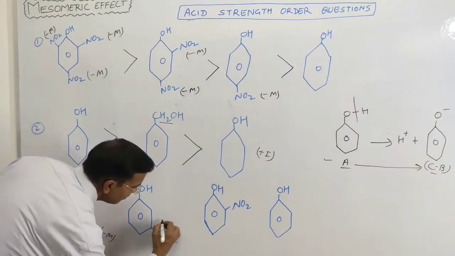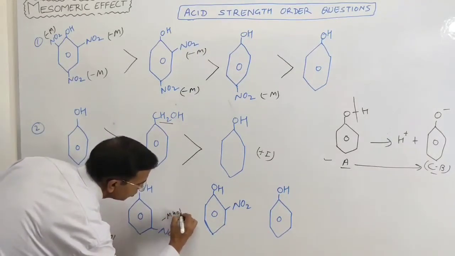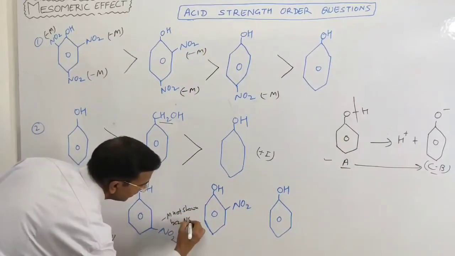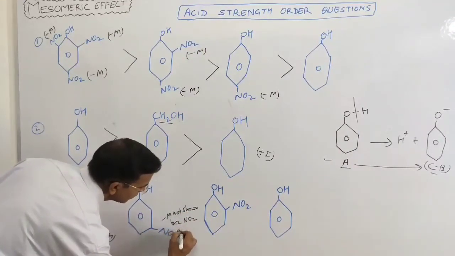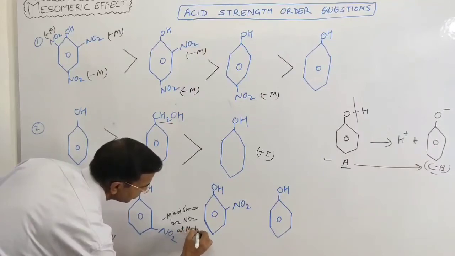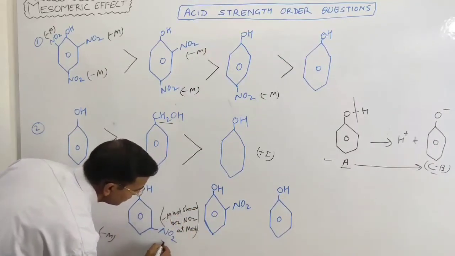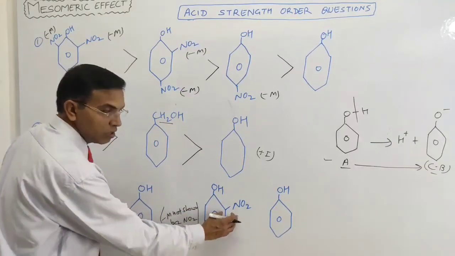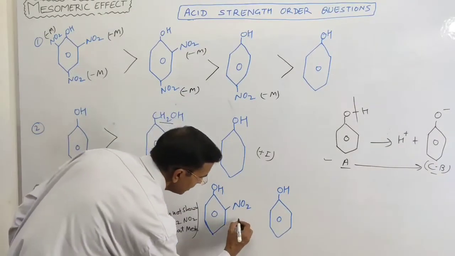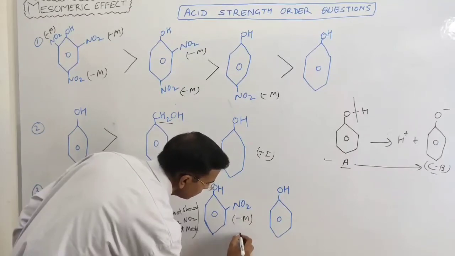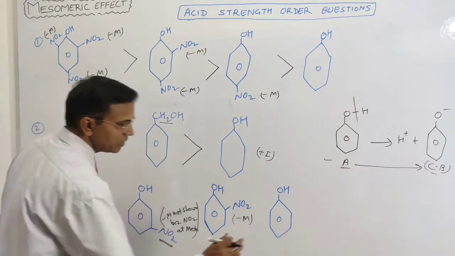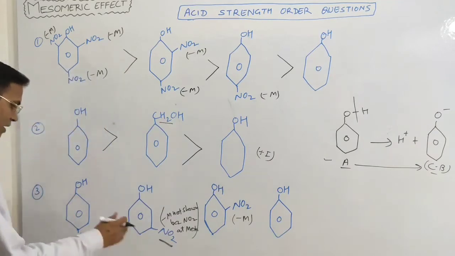So here minus M is not shown because NO2 is at the meta position, right? Here NO2 is at the ortho position, showing minus M. Here neither kind of NO2 group is there; it is simple phenol.